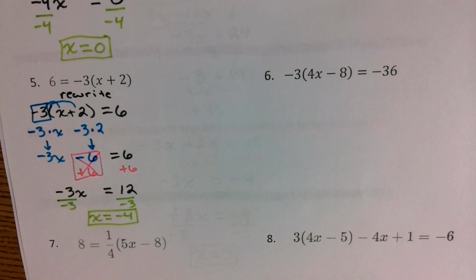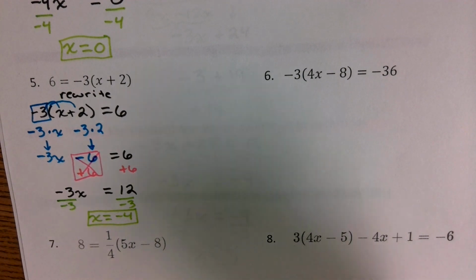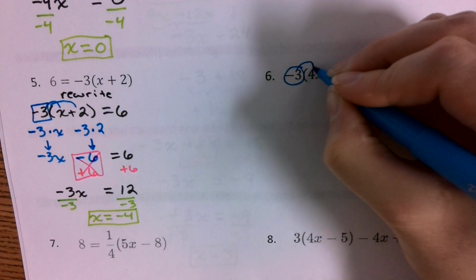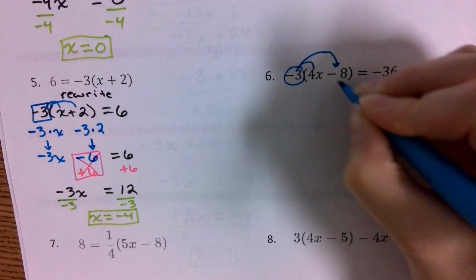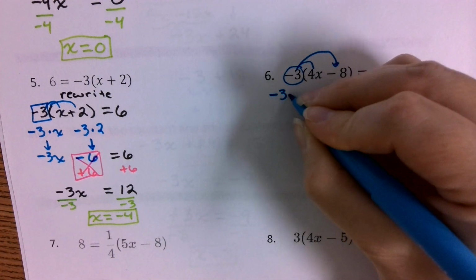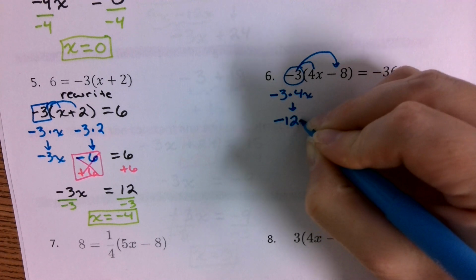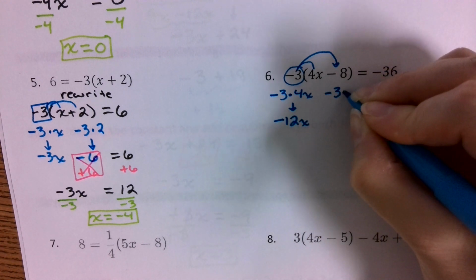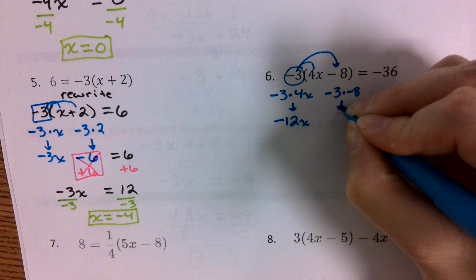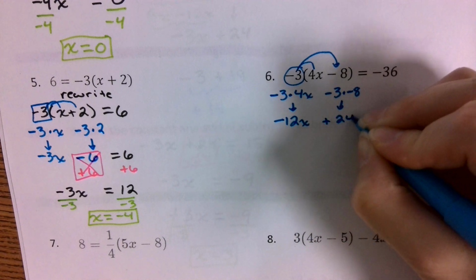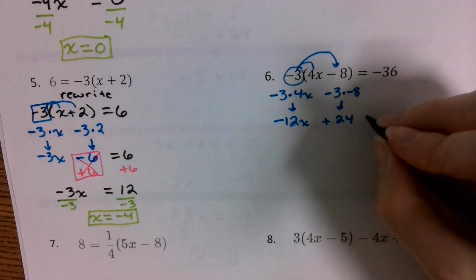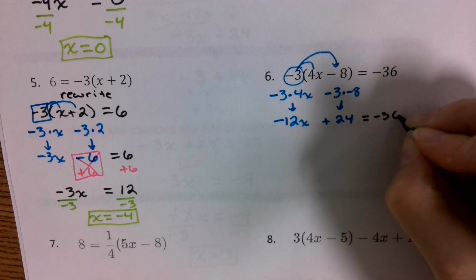For problem number 6, I'm going to distribute. I'm going to do negative 3 times 4x and negative 3 times negative 8. So negative 3 times 4x is going to give me negative 12x. Negative 3 times negative 8 is going to give me positive 24. And that's set equal to negative 36.